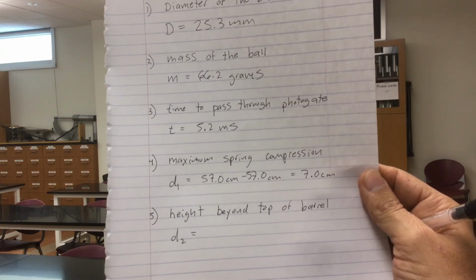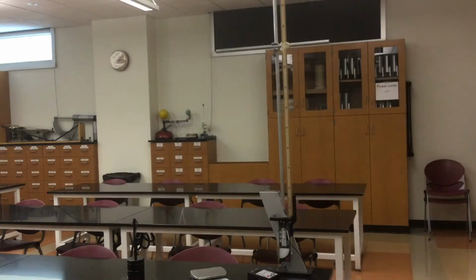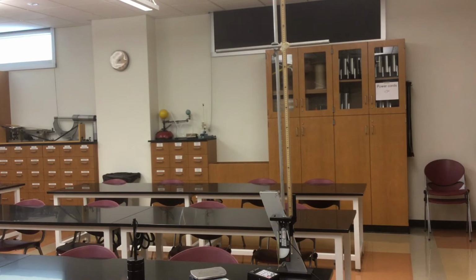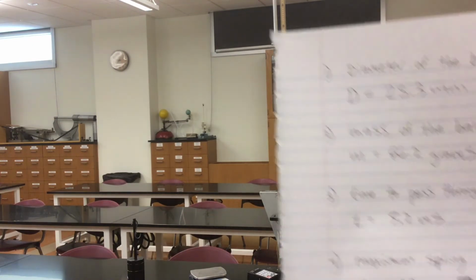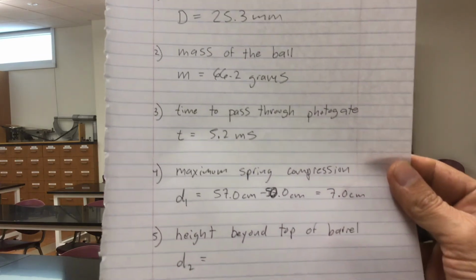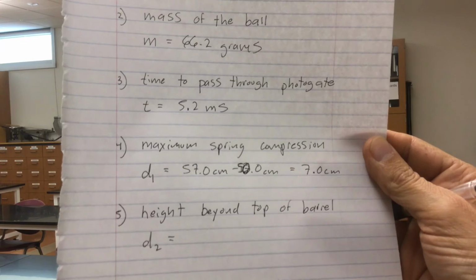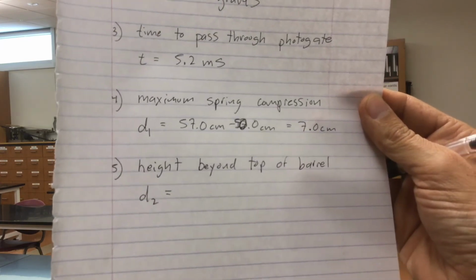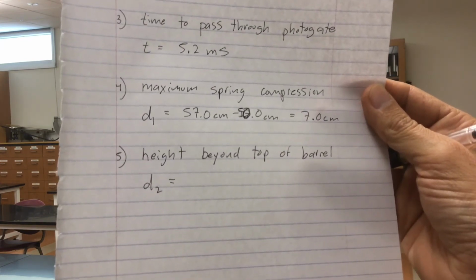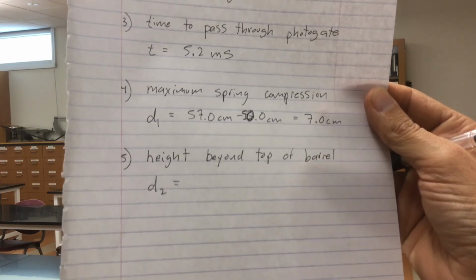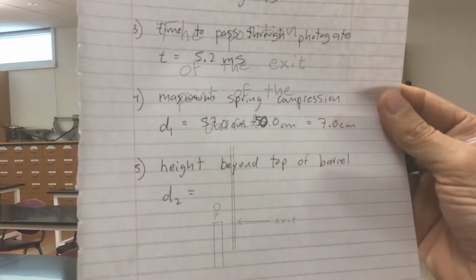Yeah, from 57 centimeters to 50 centimeters gives us 7.0 centimeters. Okay, so in the next video clip, we'll shoot it again in slow motion and see if we can measure the height that it rises to beyond the top of the barrel.